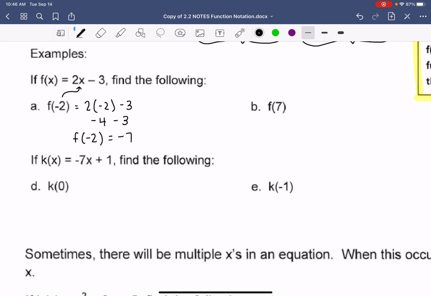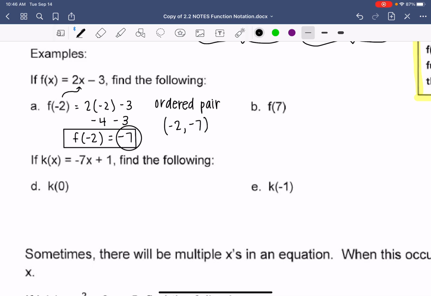Well, when we get this answer right here, we're then going to write it in an ordered pair. Okay, so our ordered pair is whatever we plugged in for x, so -2, and then whatever we got for our answer, that is our y, so -7.